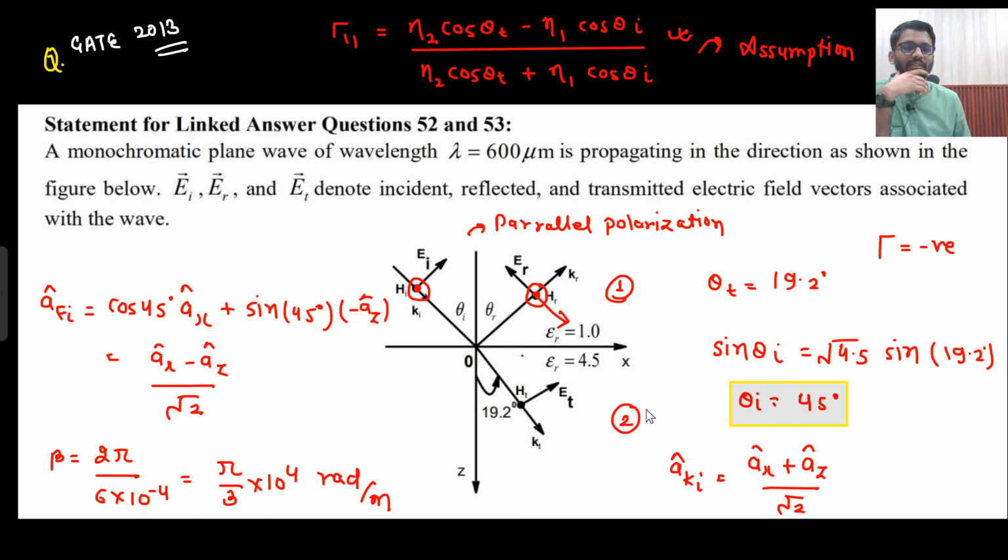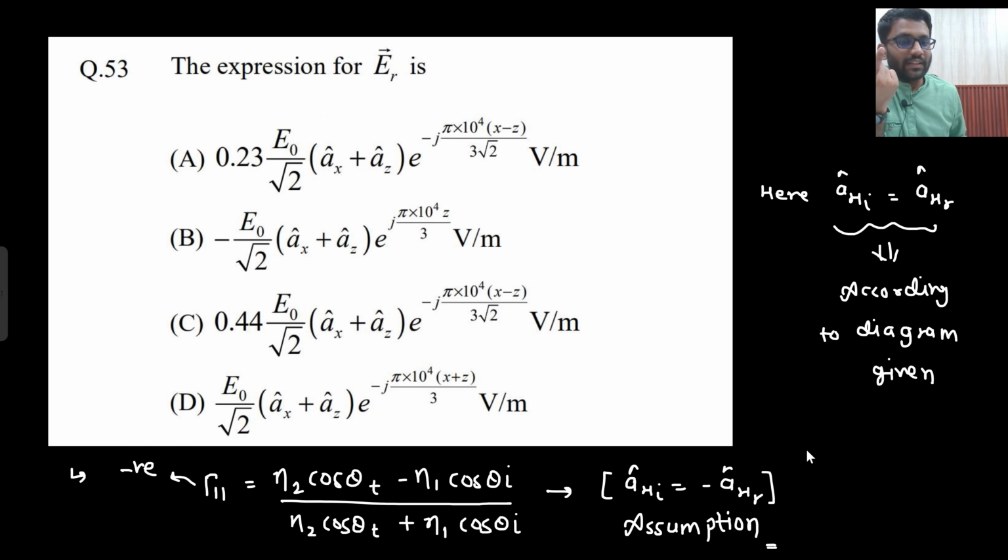You let me know this answer. Did you understand my question? If gamma is negative, then the reflected electric field will be in this direction, or I need to take the opposite one. What do you think? It will be in this direction only. Why is that so? Because the formula that we have derived had the opposite condition. Are you getting this point?